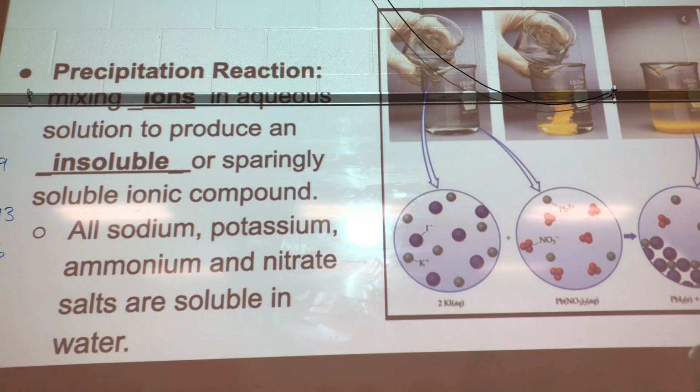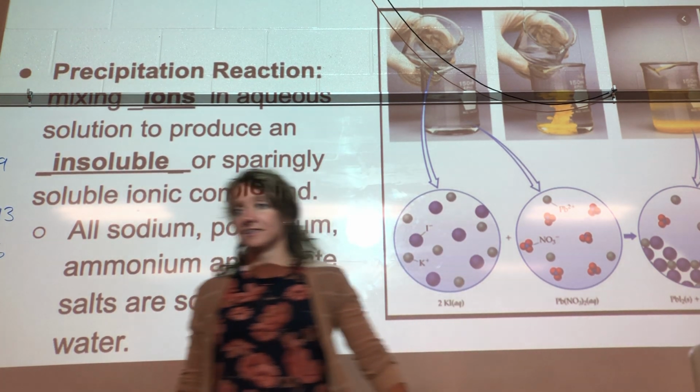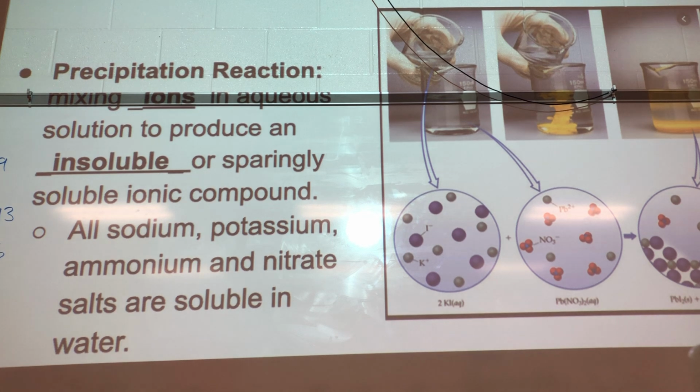Okay, so precipitation reactions, once again, that insoluble product is formed from original things that are just aqueous. This rule right here was in your notes before, but just reminding you, this is the one solubility rule you have to have memorized.